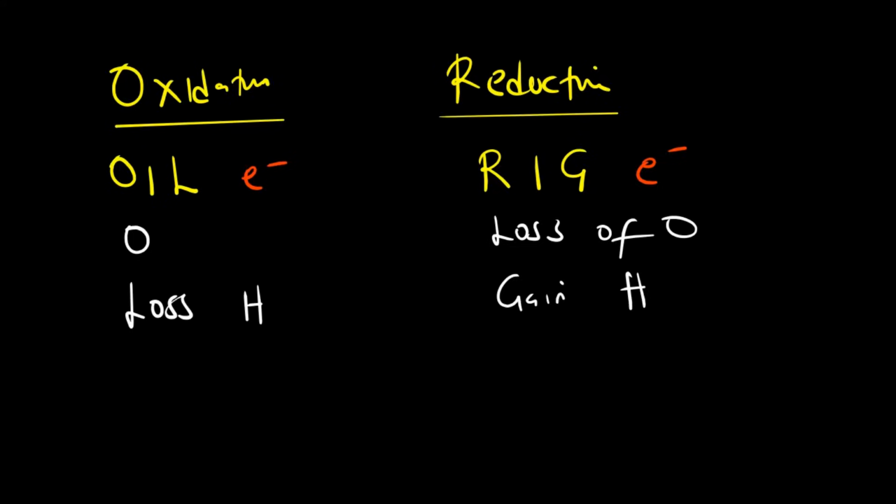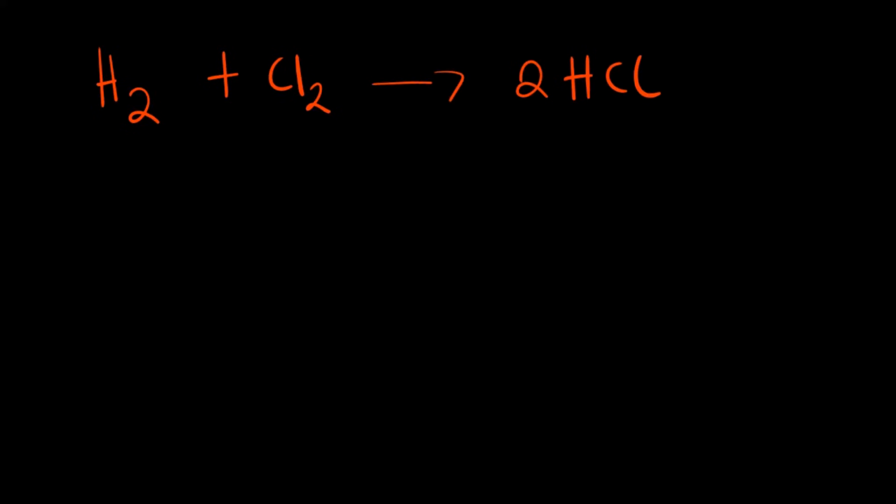Let's have another example. Let's say this time around we have hydrogen as a diatomic molecule plus chlorine also as a diatomic molecule. Let's say we have our hydrochloric acid there. Now our question would be, which one is going to be an oxidation reaction and which one is going to be a reduction reaction? So let's first look at hydrogen. After the reaction it is now 2H+.